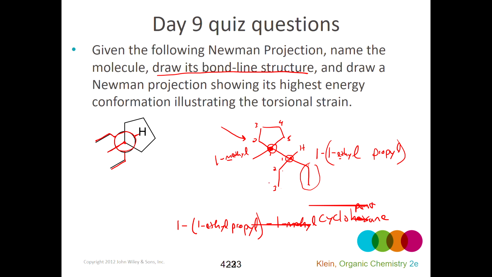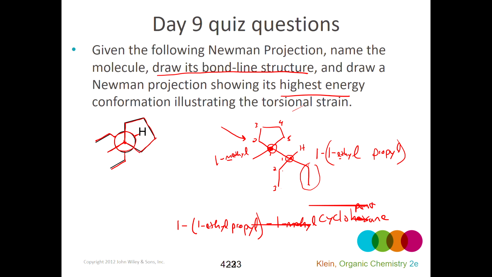Alright, so then we want to draw the highest energy conformation for this Newman projection. So if I already have a Newman projection, all I have to do is rotate it so that the largest groups are eclipsing. So on the front carbon, I've got a methyl, and then I've got this ring. And there's more carbons and hydrogens in the ring, so that makes it a larger group.